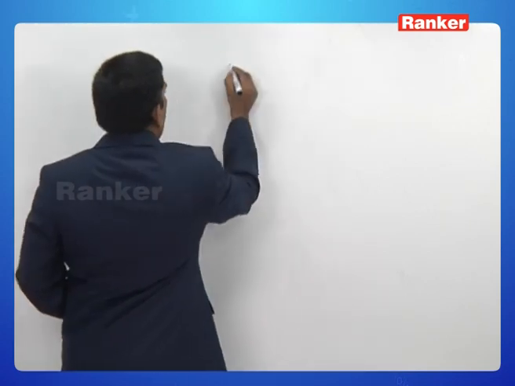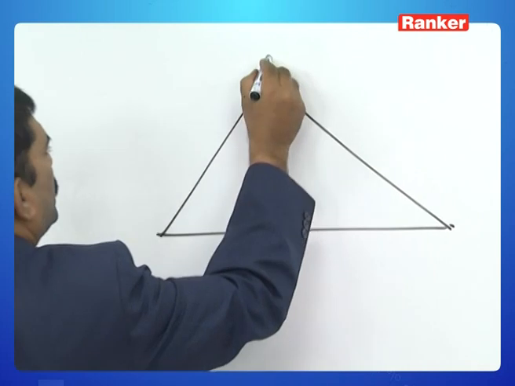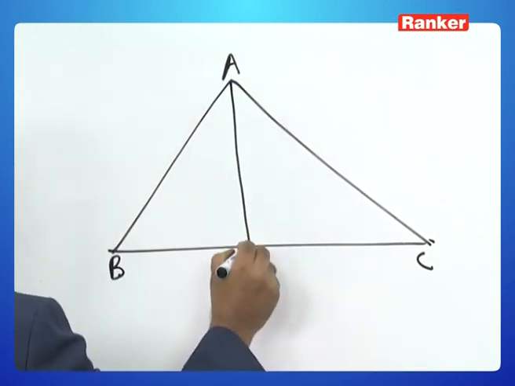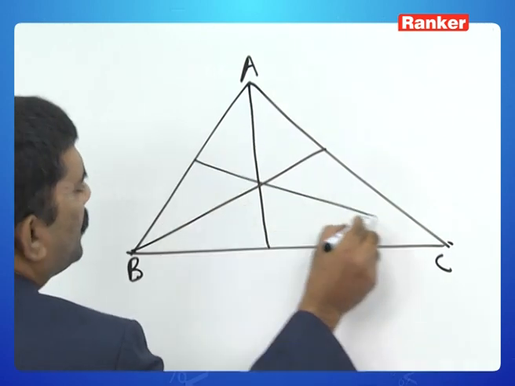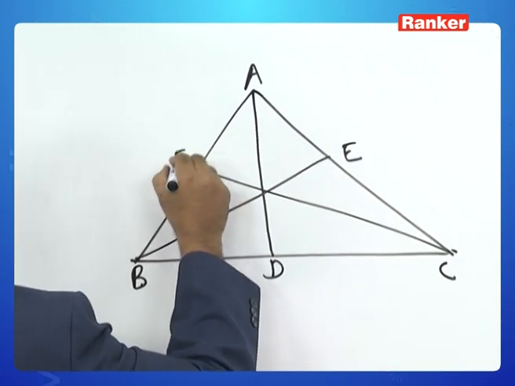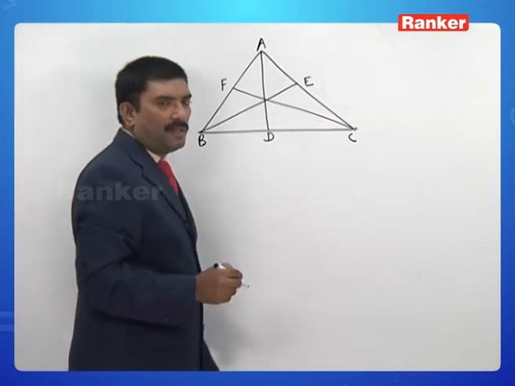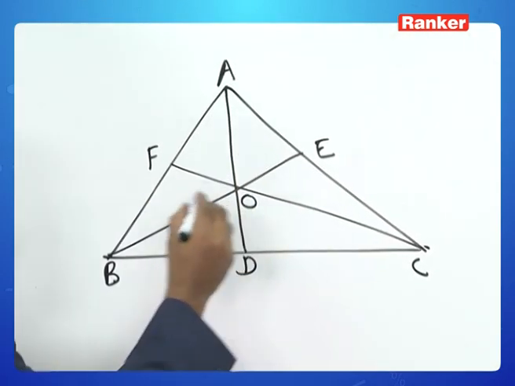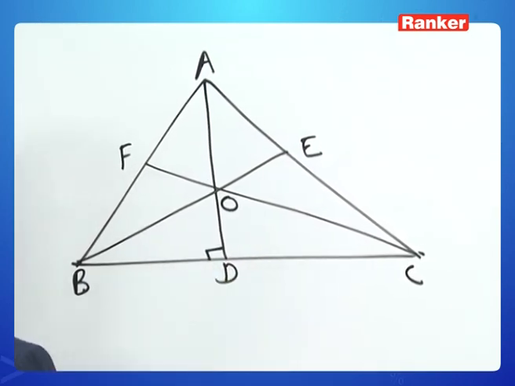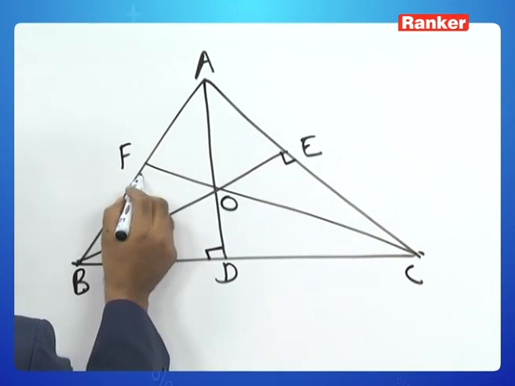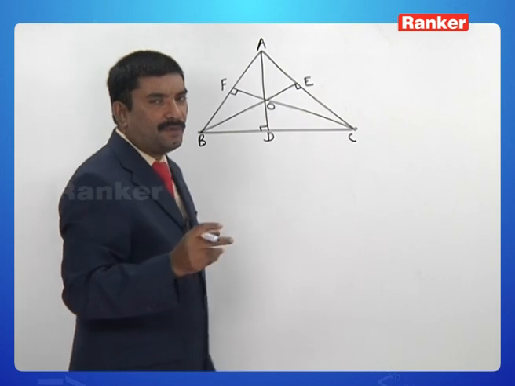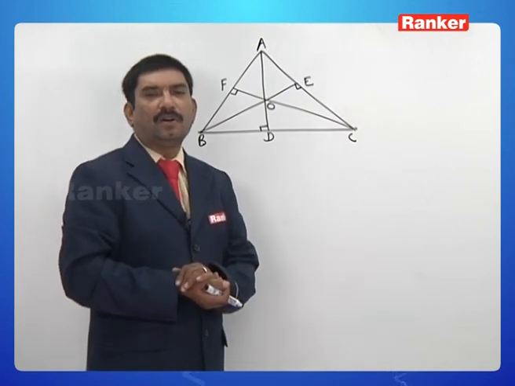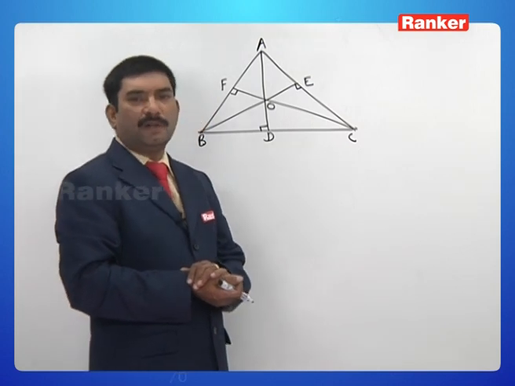So in a triangle ABC, the point of concurrence of altitudes of a triangle is known as the orthocenter. AD is an altitude, which is perpendicular to the opposite side. So the point of concurrence of altitudes of a triangle is known as the orthocenter.